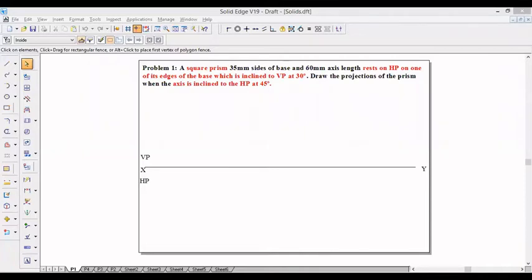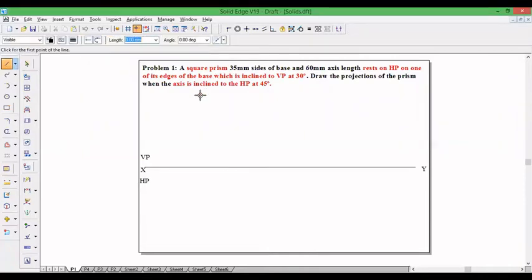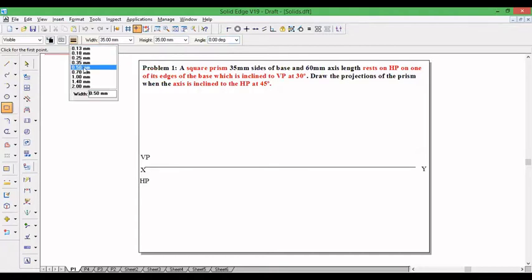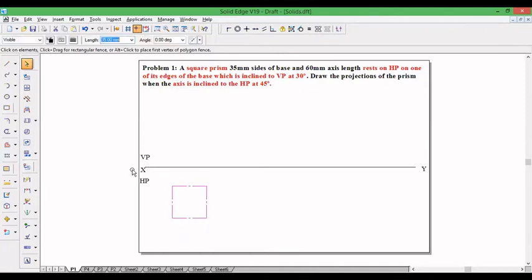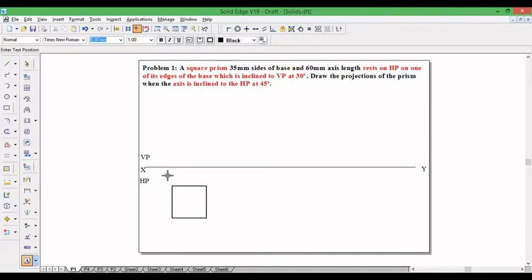So let us draw the first position. Square prism of 35 mm side. So I take a rectangle of width 35 mm and height 35 mm. Line thickness is 0.5 mm and line type is continuous line. So line type is thick line 0.5 mm, and let us name the points.